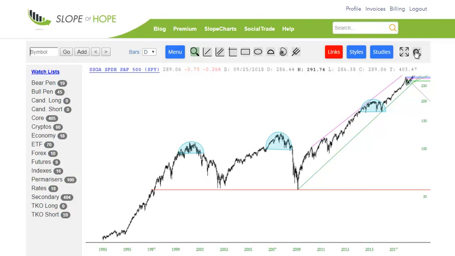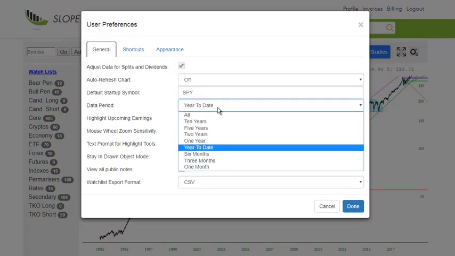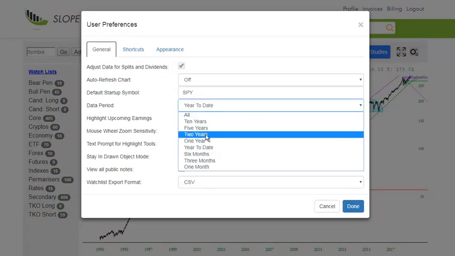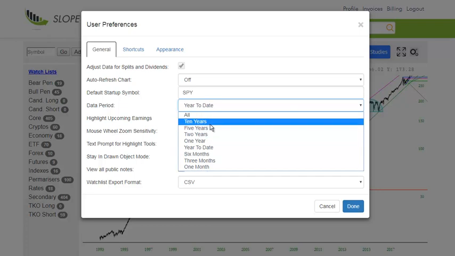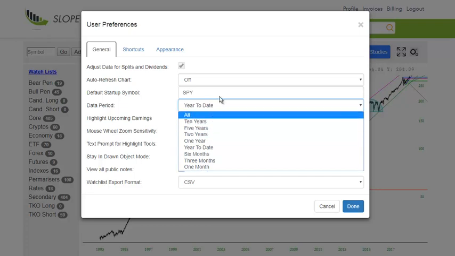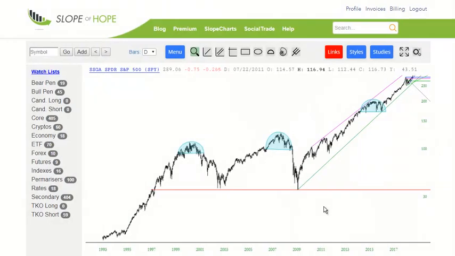And one of the places where there's a lot of difference based upon the kind of member you are is over in the preferences. For example, a sloper will get 2 years of data. Bronze gets 5 years, silver gets 10 years, and then gold and diamond, they get everything. There are a number of other differences in features, quite a few actually, amongst those different memberships.